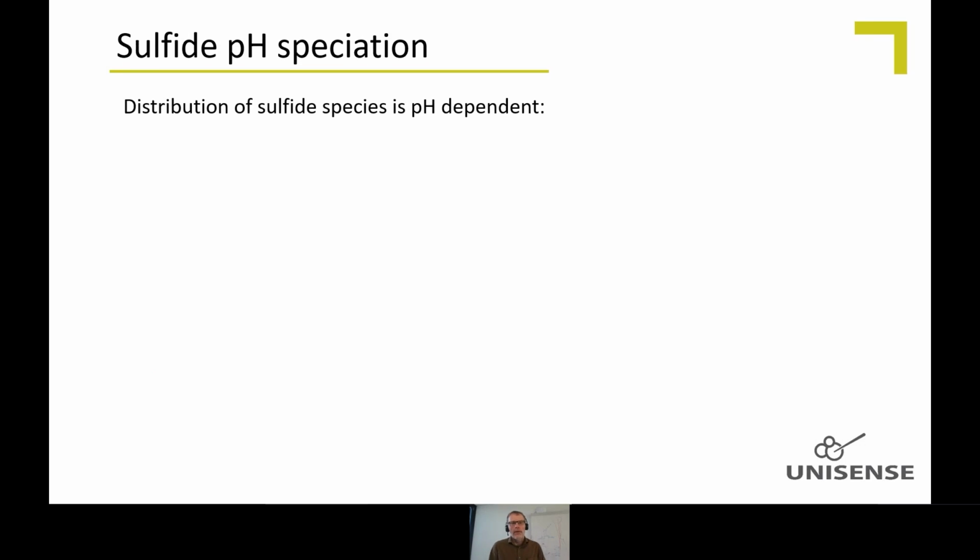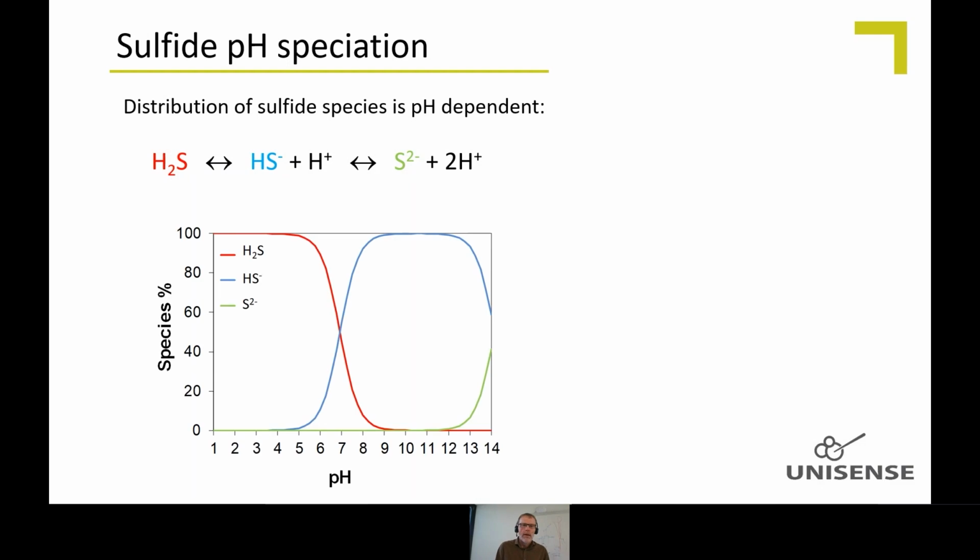This sulfide sensor, as I mentioned, measures only H2S, and that is in a pH-dependent equilibrium with HS- and S2-. And you can see those here. The red is H2S, and that is dominant at lower pH, whereas S2- is dominant at higher pH.